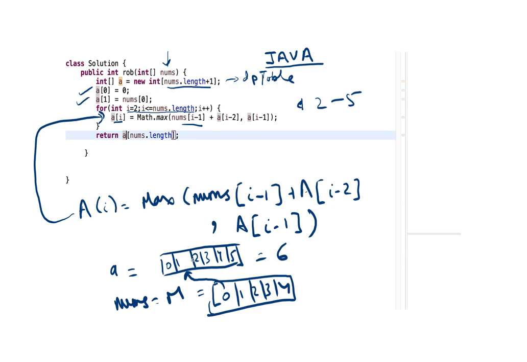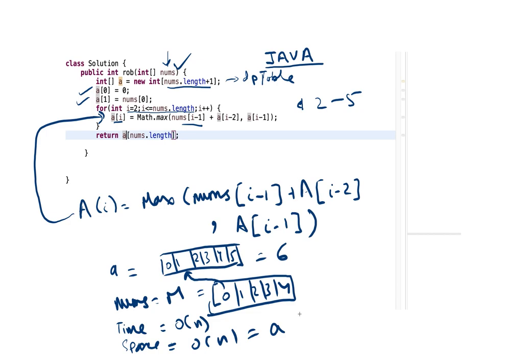And now let's spend time on looking at the complexities. So time complexity is simply O(N), where N is the number of houses on the street, because we are simply iterating over this nums array one time. And then space complexity also is O(N), because we are just initializing a single array A, which has the answers to the sub problems.